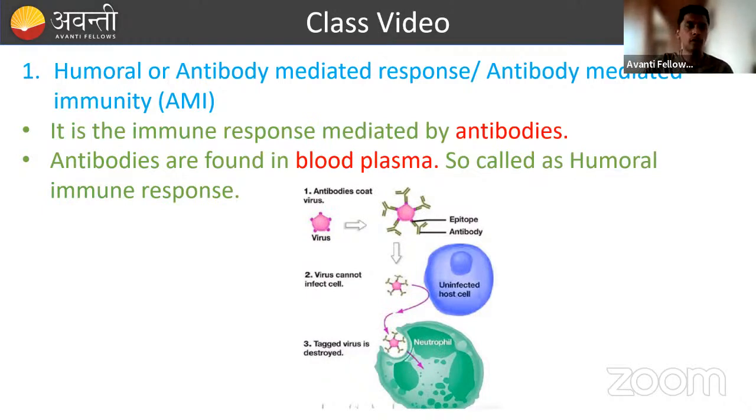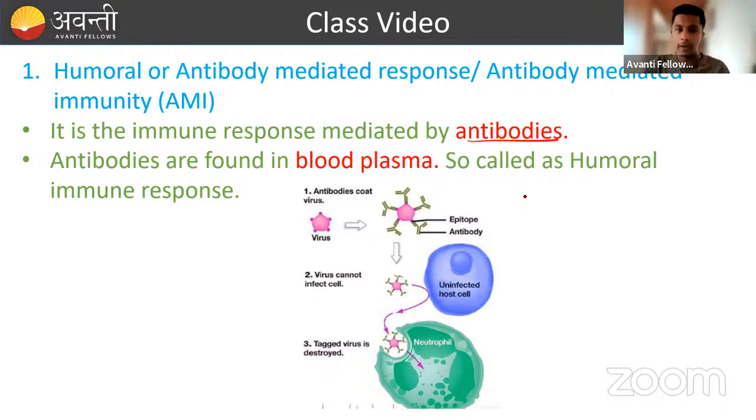First, let us talk about humoral or antibody mediated immune response. As I said, the name itself suggests how it initiates. It is initiated by antibodies. These antibodies, which are smaller proteins produced by B lymphocytes, are released into the blood plasma.